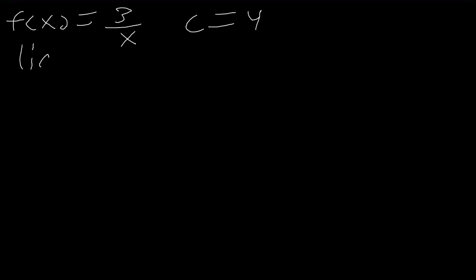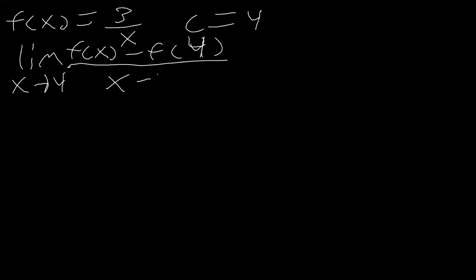So let's do f of x is 3 over x, and we want to find the derivative at c equals 4. So let's just plug this into our formula. So it's the limit as x approaches 4 of f of x minus f of 4, because 4 is the c value, all over x minus 4.